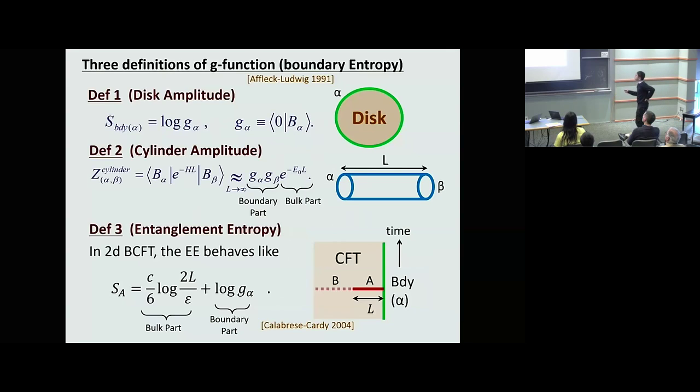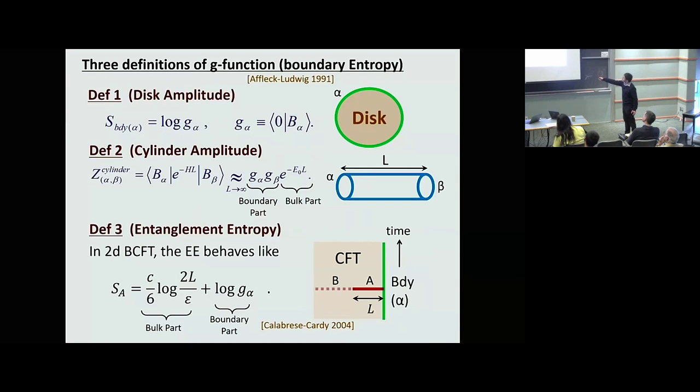This is one definition. The second is almost trivial: we consider the cylinder amplitude, with a boundary state at each end, and we take L to be very large. Then for these closed-string-like modes propagating over a long distance, only the lowest energy excitation propagates, with E0 the lowest energy, and we get a factorized contribution of two disks.